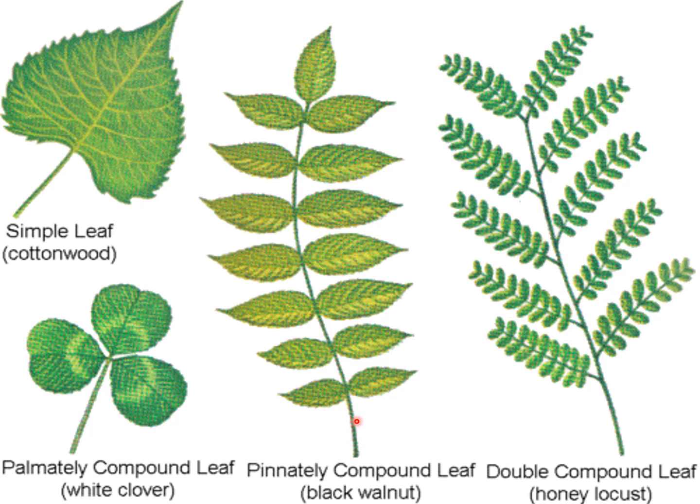Pinnately compound leaves are further differentiated into paripinnate and imparipinnate leaves. Paripinnate means when the leaflets are in even number, that is, all leaflets paired, while the leaflets in odd number, that is, the terminal leaflet remains unpaired, is called the imparipinnate leaf.